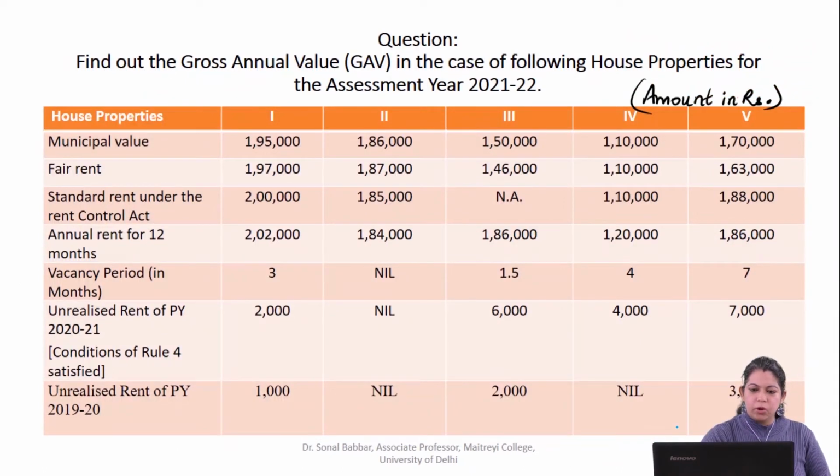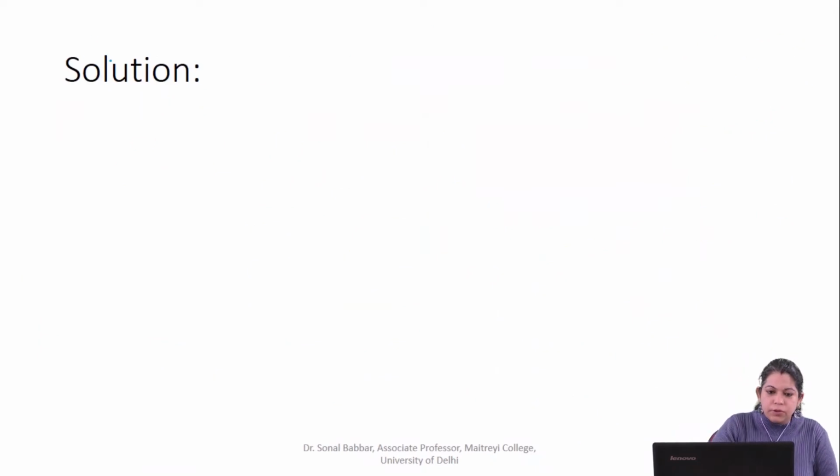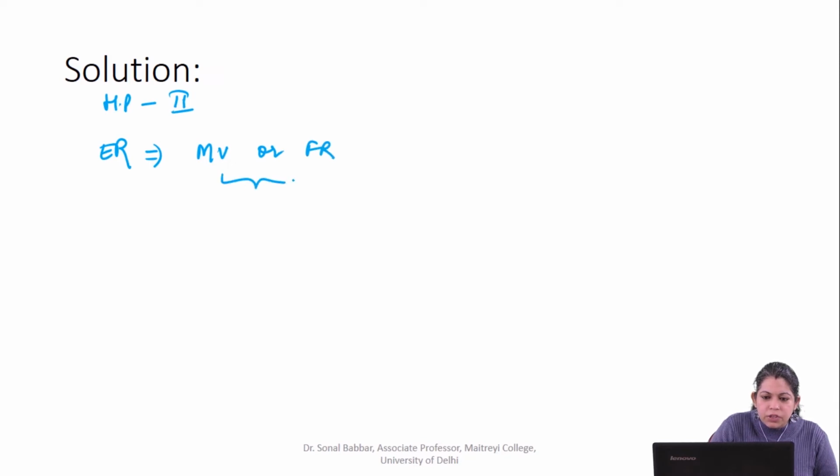Let us look for property number 2. The municipal value is 1,86,000, fair rent is 1,87,000, standard rent is 1,85,000. So for house property 2, again we need to compute expected rent first. So municipal value or fair rent, whichever is more, compared with standard rent, whichever is less, will become expected rent.